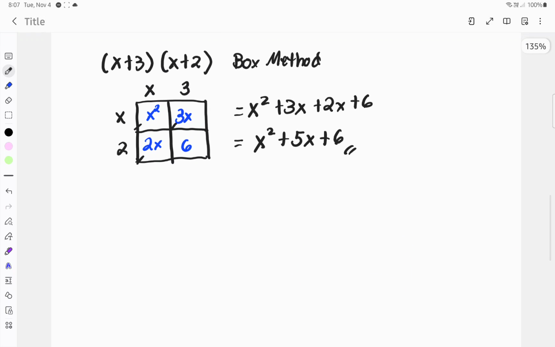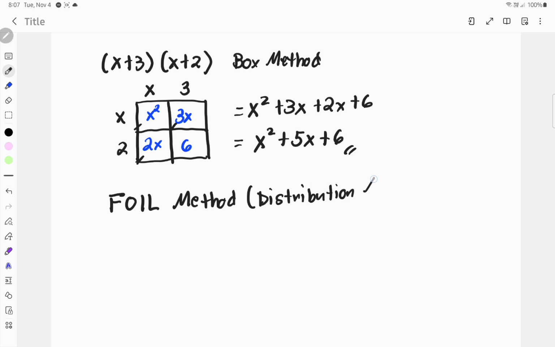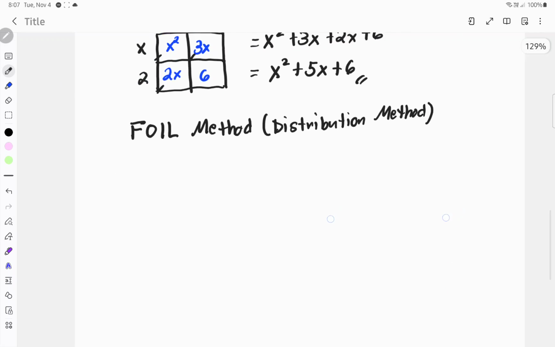Now, let's go to the third method, which is popular, where they use a mnemonic known as the FOIL method. But technically, it came from the distribution method, because it works with some structure.